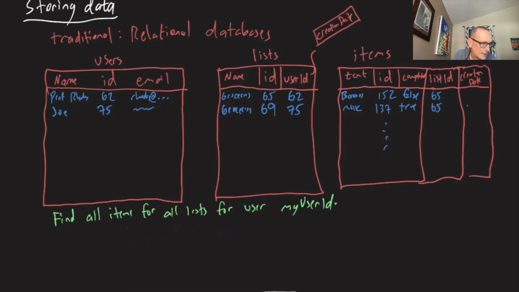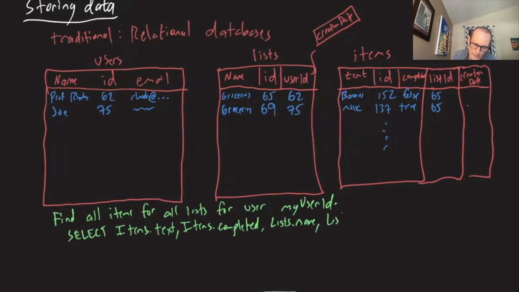Right, so we'll do something like this. We will select, from the items, we want the text. From the items, we want completed. From the lists, we'll want, let's say, the name and the ID.